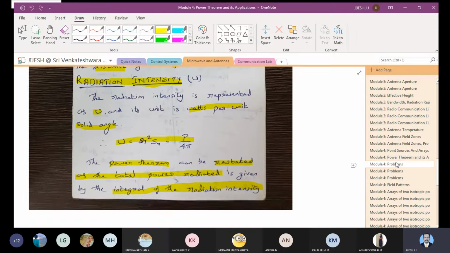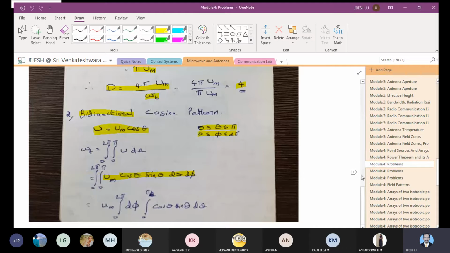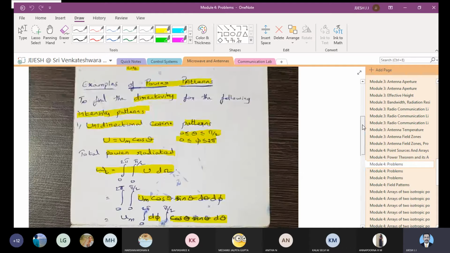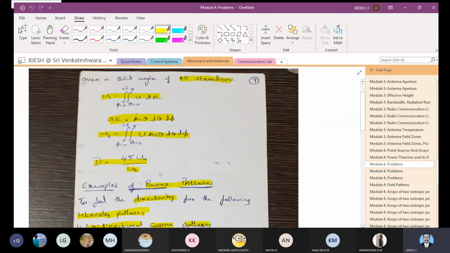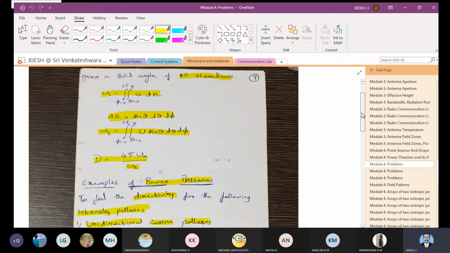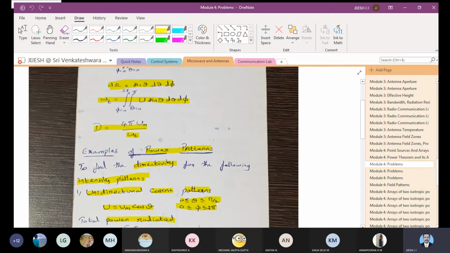We have also come across a few problems on directivity. The equation for directivity in terms of Wt is 4 pi divided by Wt. Here we are going to discuss the unidirectional cosine pattern and the power patterns.